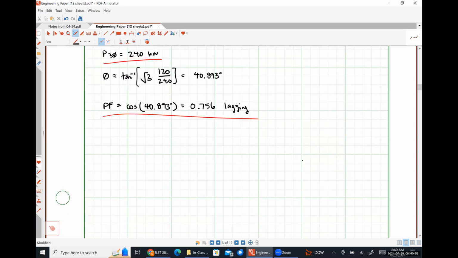From numerous examples that we've worked before, our complex power S3 phase would just be P3 phase divided by power factor with an angle of the inverse cosine of the power factor, which for this example comes out to be 317.490 with an angle of 40.893 degrees kilovolt amperes. And that is the 2 watt meter method.